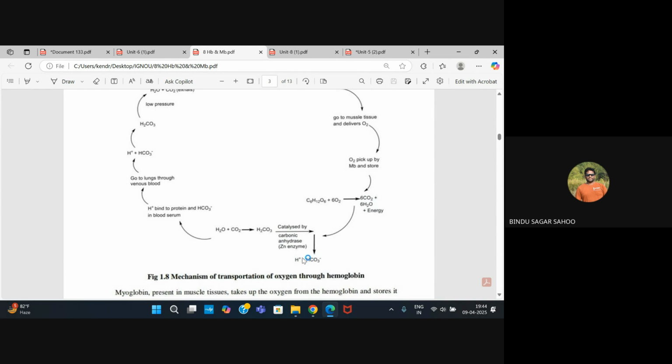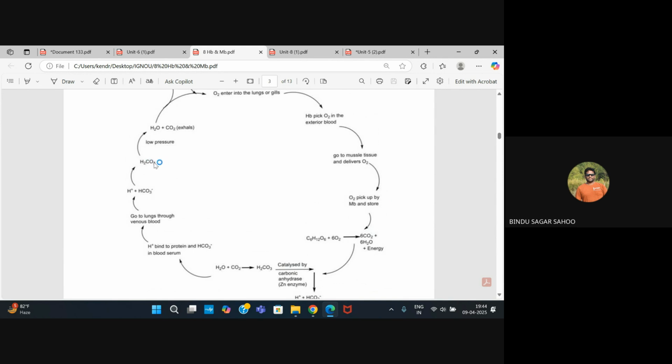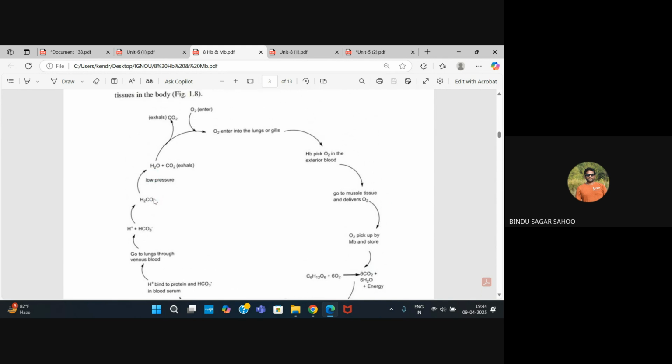This HCO3 minus is carried by our blood serum to the lungs. In the lungs it reacts with H plus to form carbonic acid, and this carbonic acid further decomposes to give water and CO2. Again, through the nose we exhale the carbon dioxide in the respiration process.